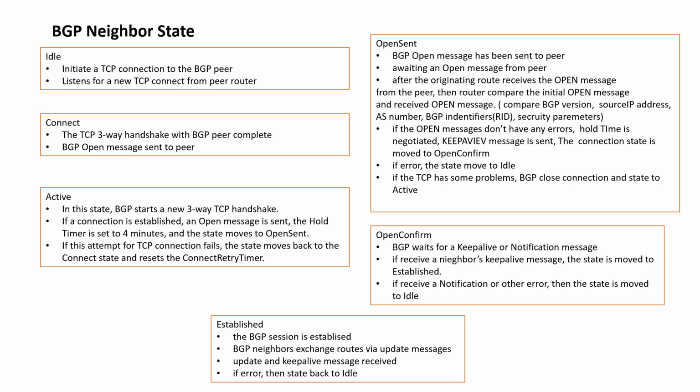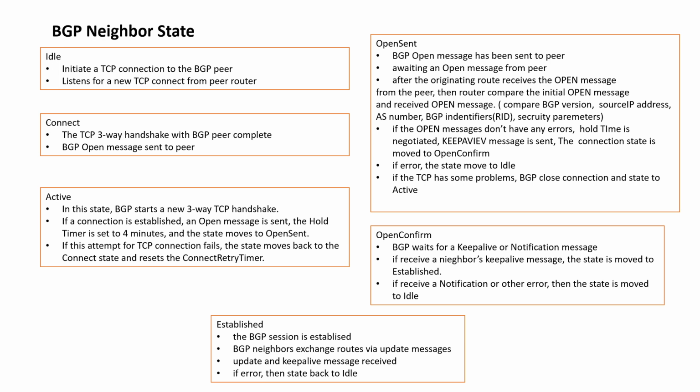Then we talk about open sent. In the open sent state, the BGP open message has been sent to the peer, and the router awaits an open message from the peer. After the router receives the open message from the peer, it compares the initial open message and the received open message. The router compares BGP version, source IP address, AS number, BGP identifier, and security parameters.